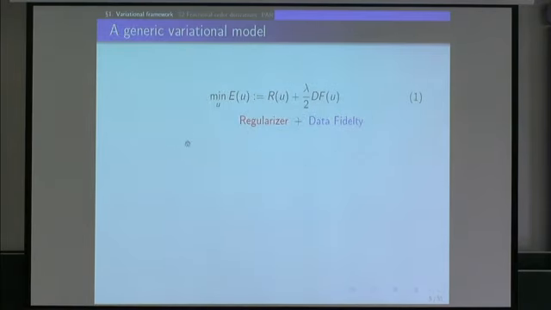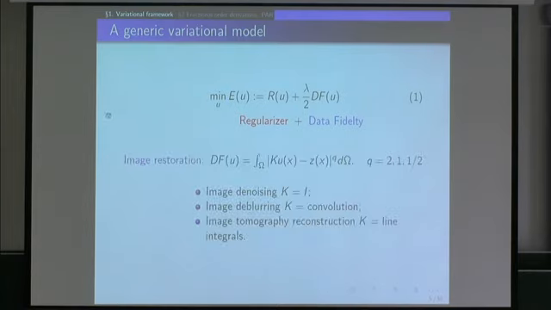Okay, so this is the familiar part for all of you. Here for the restoration model, we normally have a data fidelity term, and restore some quantity U, and then this regularizer term R(U).